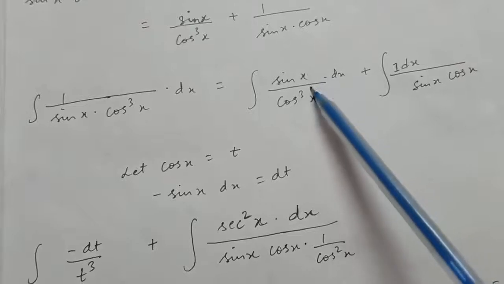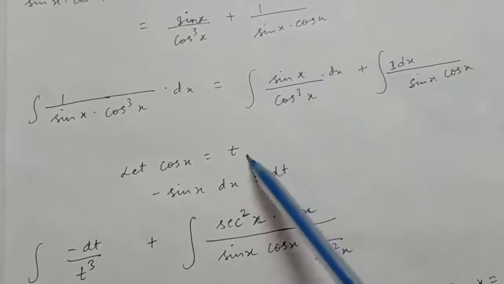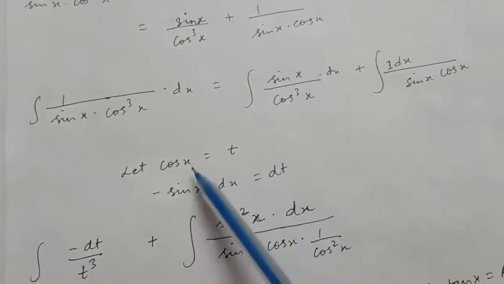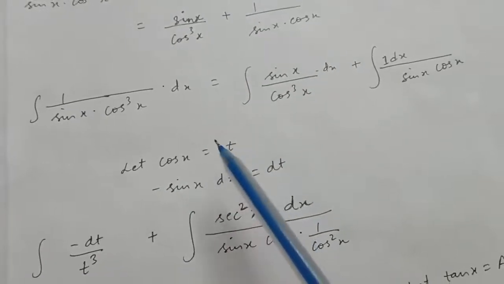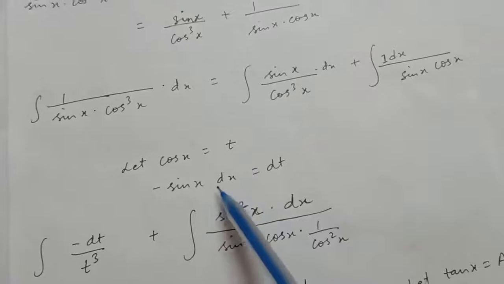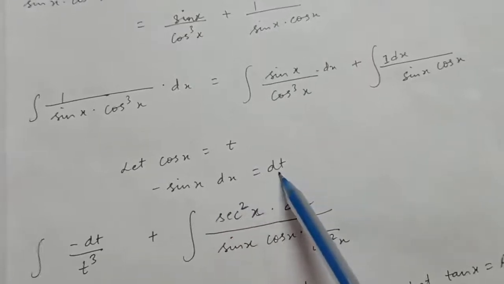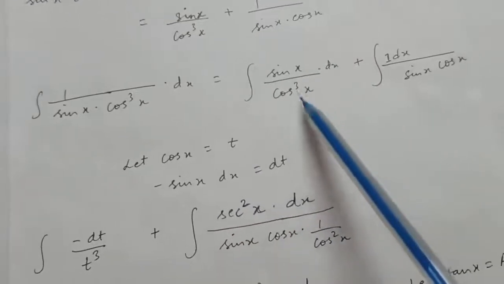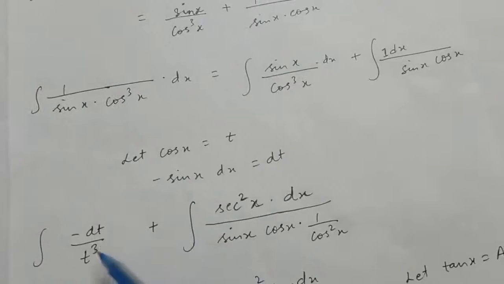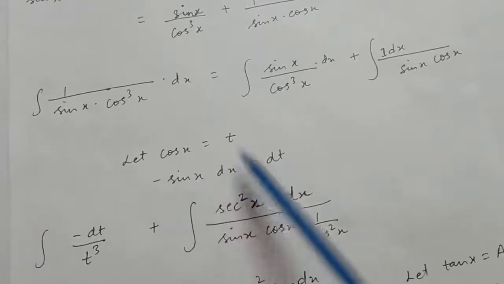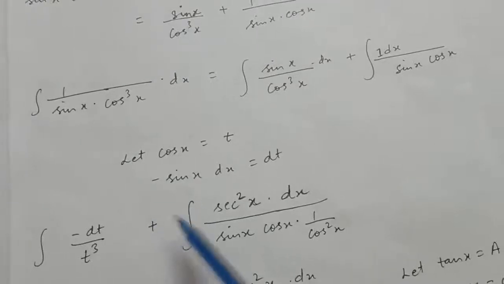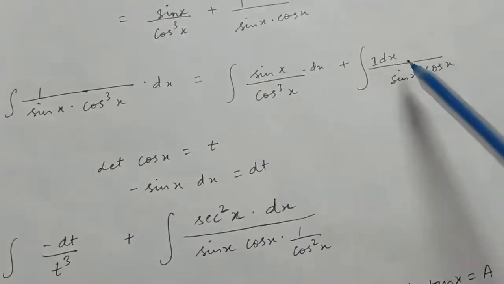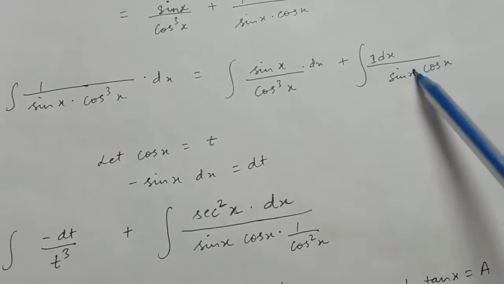Now this can be solved by taking cos x as equal to t, because after taking cos x is equal to t and after differentiating both the sides, you will get minus sin x into dx equal to dt. Now this cos cube x will be t cube, and in place of sin x dx you will get minus dt, plus, now see, for this integral we cannot substitute anything.